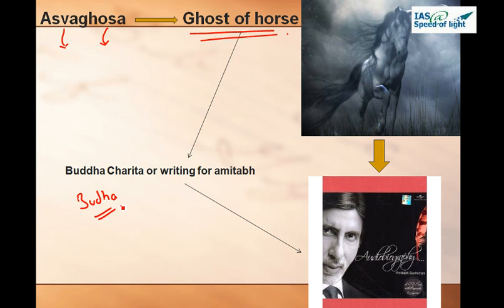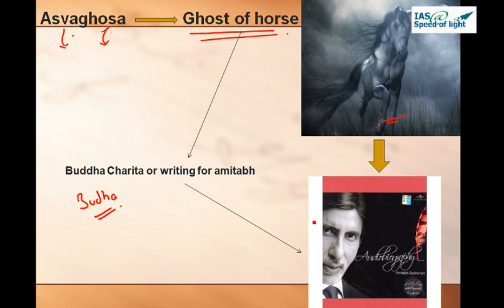It becomes Amitabh Bachchan. So Ashwa Ghosh: Ashwa is horse and Ghosh is ghost. So ghost of horse, this picture you can see. This is the ghost of one horse, and every night this ghost used to come and write the Buddha Charitra, the biography of Amitabh Bachchan.